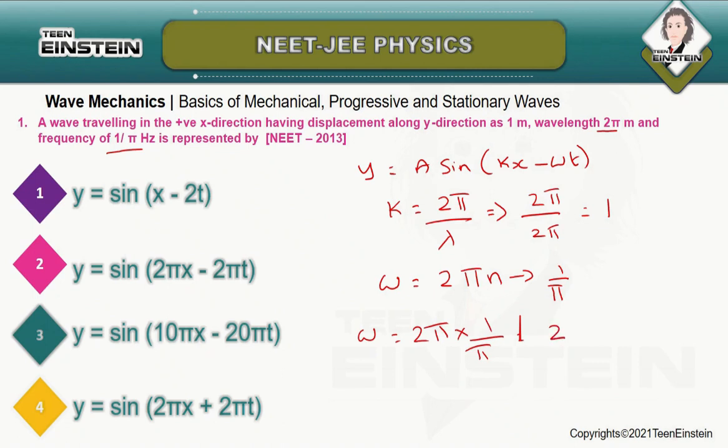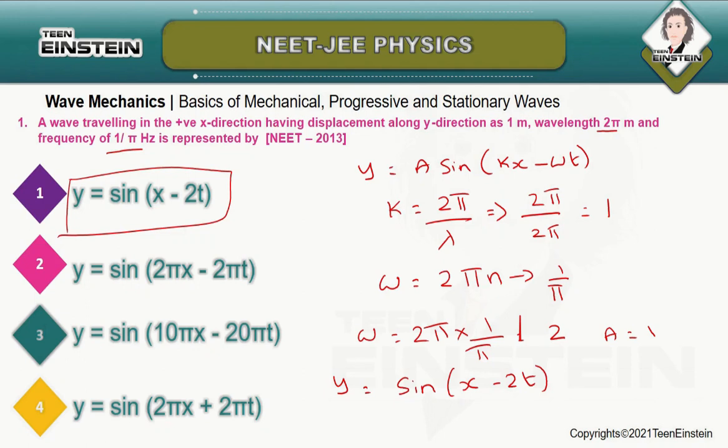The value of a they have given as 1, so y is equal to 1 sine (x minus 2t), because the k value is 1 and the omega value is 2. So the final value is x minus 2t, and the correct answer is option number 1. Okay, so y is equal to sine (x minus 2t).